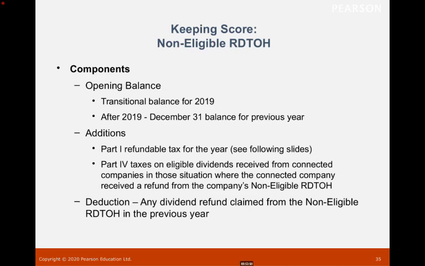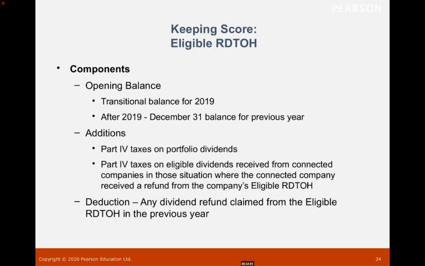Plus the additions here, it's the Part 1. So that goes in the non-eligible. We already learned those. And then Part 4 on eligible. So for the eligible RDTOH, it's Part 4 taxes on eligible dividends received from connected companies.